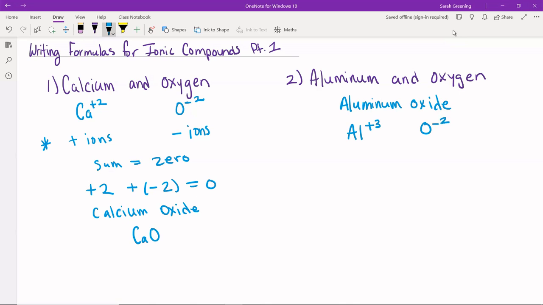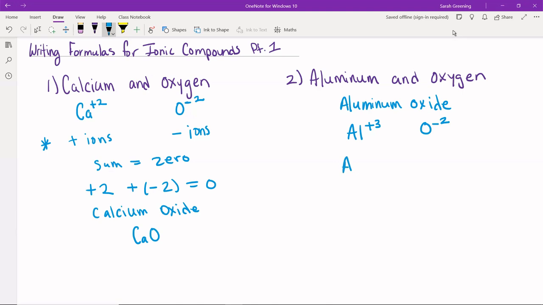Now, in order to balance the charges, we're going to need to have multiple aluminum atoms and oxygen atoms. So the question you want to ask yourself is, how many aluminum atoms will I need to have a positive charge that will then balance the oxygen? That's a little bit confusing in how I'm saying it, so I'm going to try to write it out.